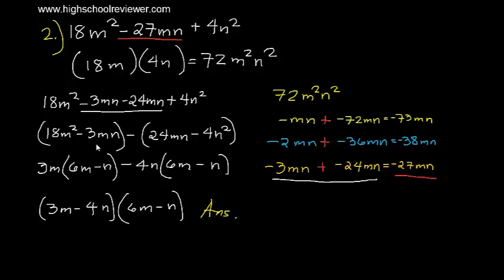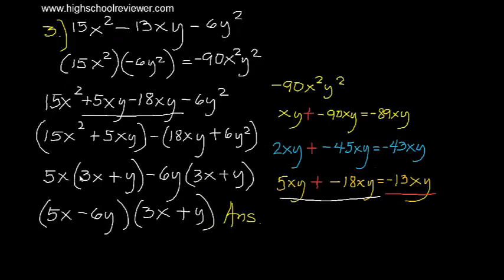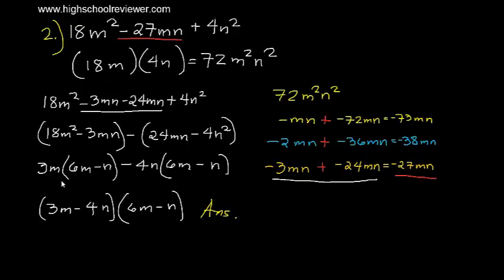On the first quantity, 3m is common on both terms. So we can factor that out. It will be on the outside. And then divide 18m squared by 3m. That is equal to 6m. 3mn divided by 3m is negative n.